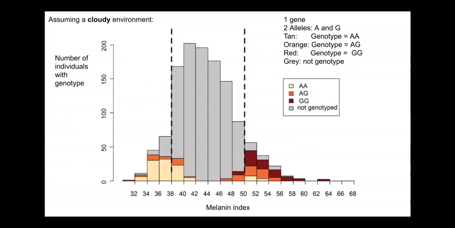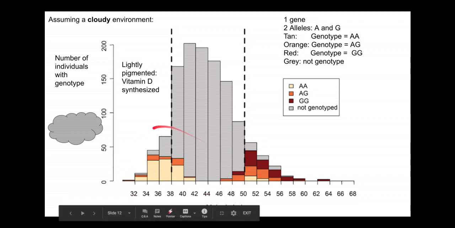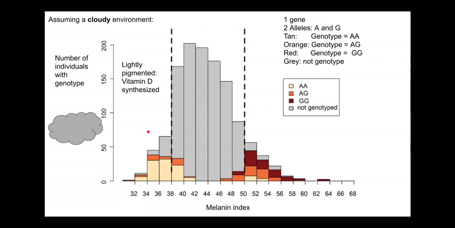Now, however, if you live in a cloudy environment like Northern Europe, then it's actually more beneficial to be lightly pigmented. In a cloudy environment, the skin synthesizes vitamin D for us, and the lighter your skin is, the more radiation passes through it and can be involved in the processes for synthesizing vitamin D. So being light-skinned in a relatively cloudy environment, like in northern latitudes, is beneficial for making efficient use of the available sunlight.